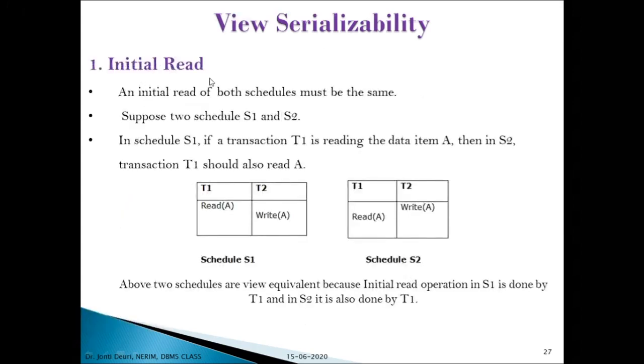Here, initial read: an initial read of both schedules must be the same. So in the starting, the read must be the same. If a transaction first reads A, then schedule S1 and schedule S2 must both do so.